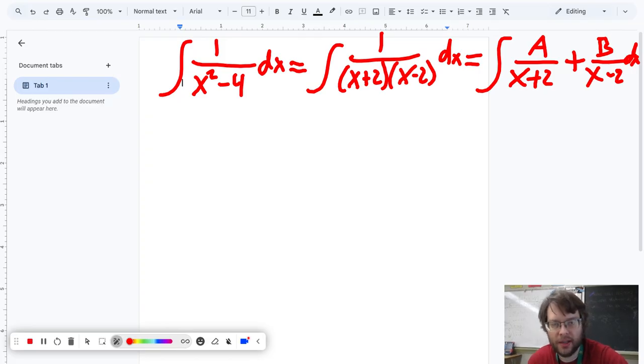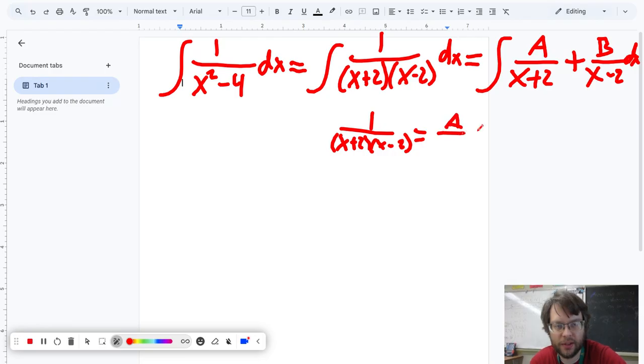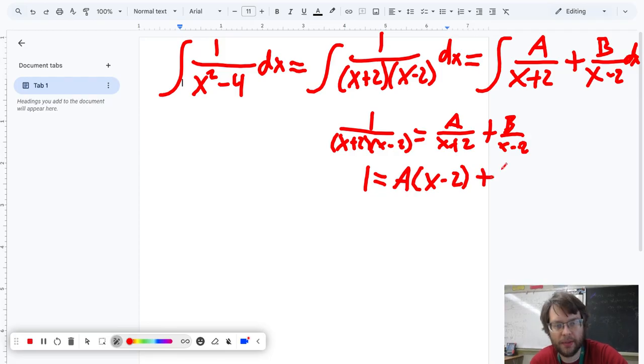If I take this 1 over x plus 2 times x minus 2 and set it equal to this, I can multiply both sides by x plus 2 and by x minus 2, basically cross multiply, and I have 1 equals A times x minus 2 plus B times x plus 2.